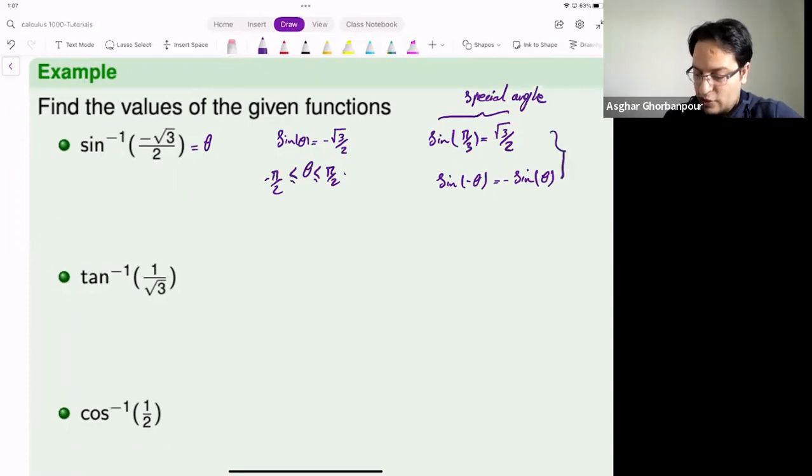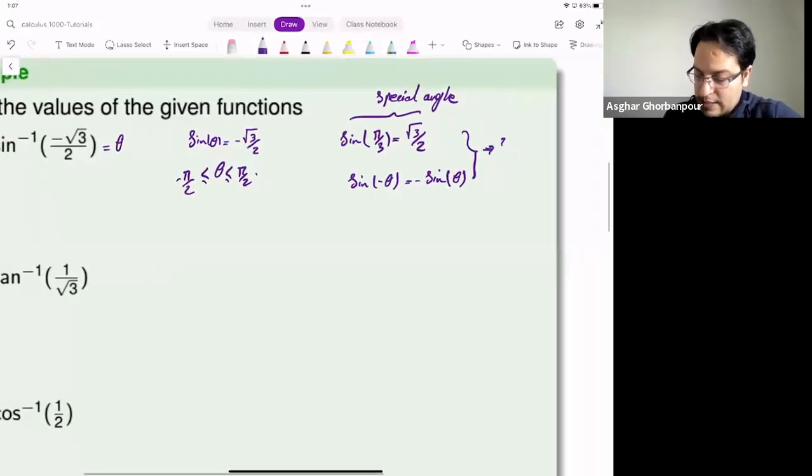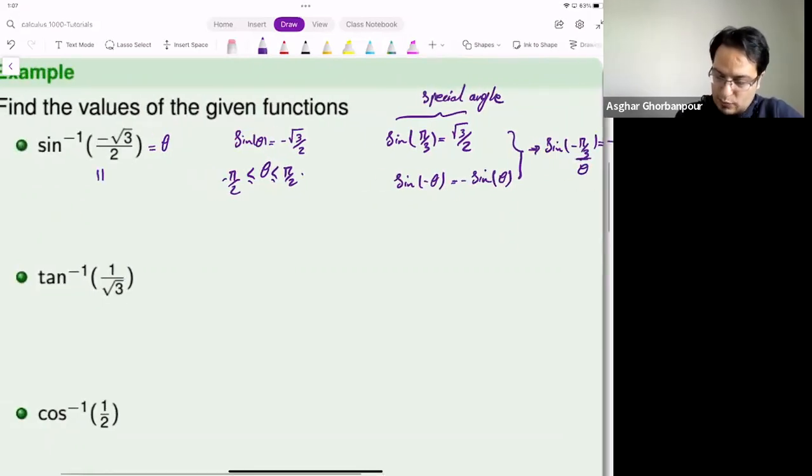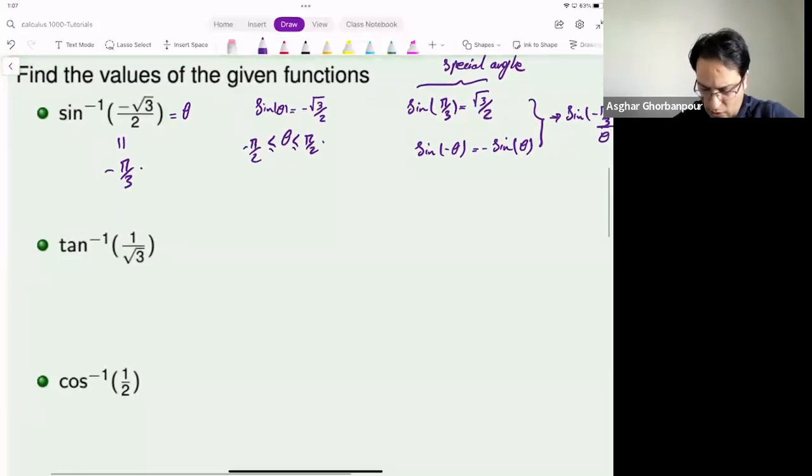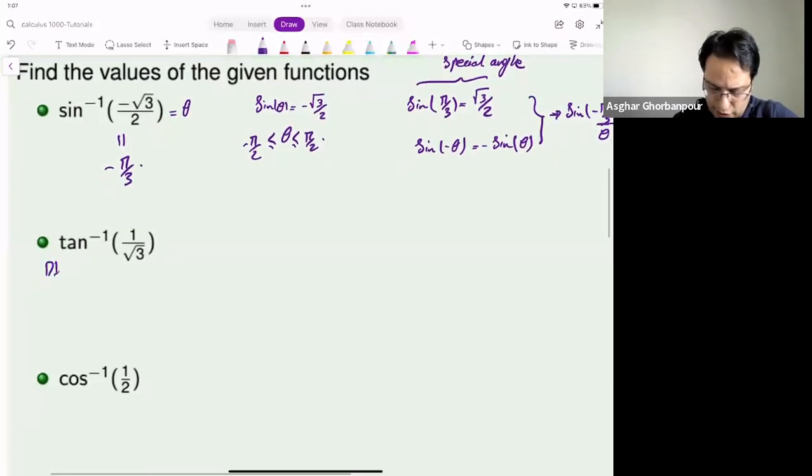So from these two, you can conclude that sine of negative pi over 3 is negative root 3 over 2. We found the theta. That is the theta that we were looking for.